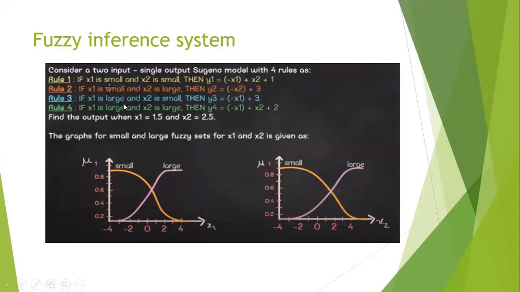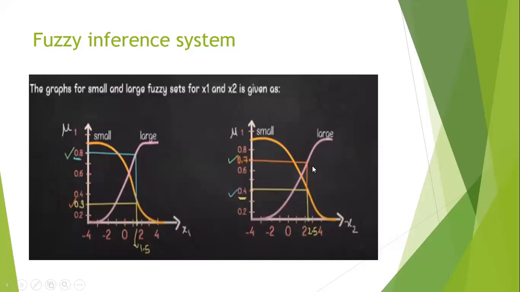Similarly, the other three rules also you are identifying. x1 is small and x2 is large. So the same 1.5 you are extending onto your membership function and identifying. x2 is large. Now x2 at 2.5 you are extending onto the larger graph, the pink graph, and identifying the corresponding membership function 0.7.